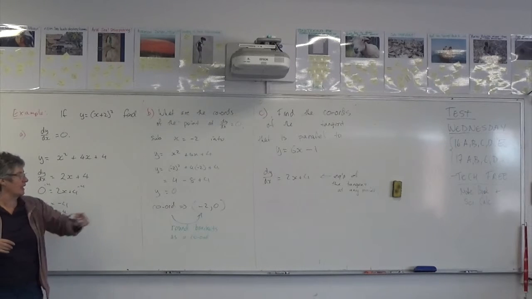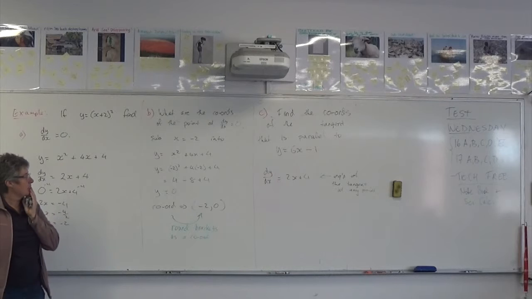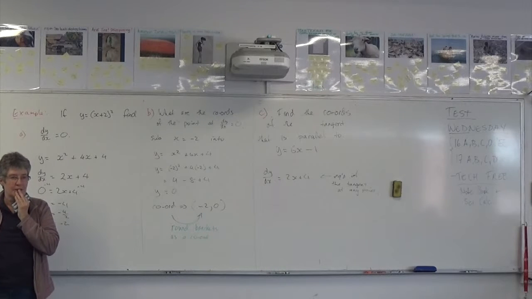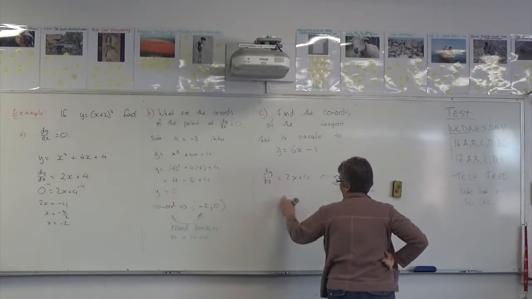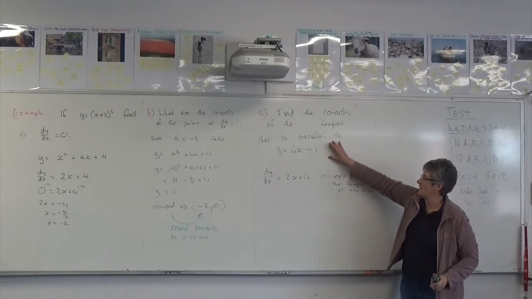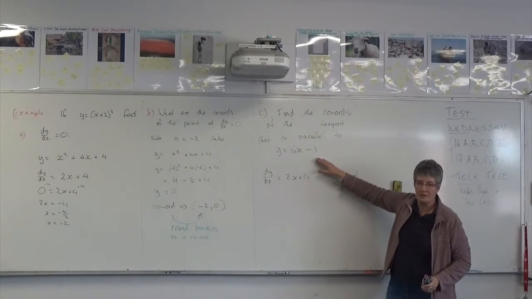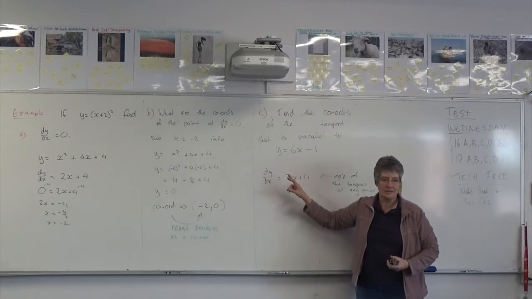I want to find the point where it's parallel to y equals 6x minus 1. There's something in this that relates. We've got to get something out of this equation. So what is dy/dx?